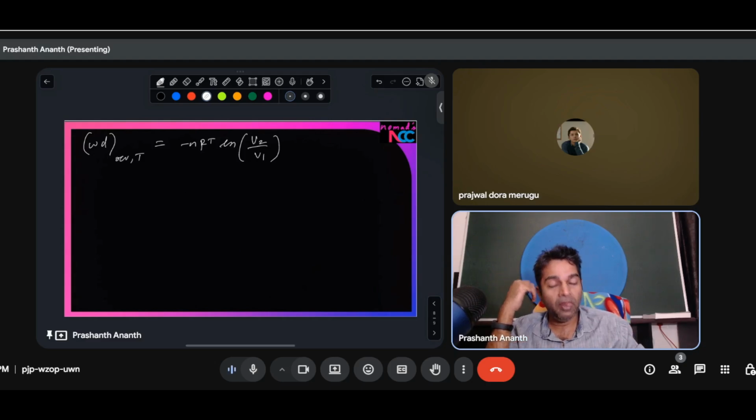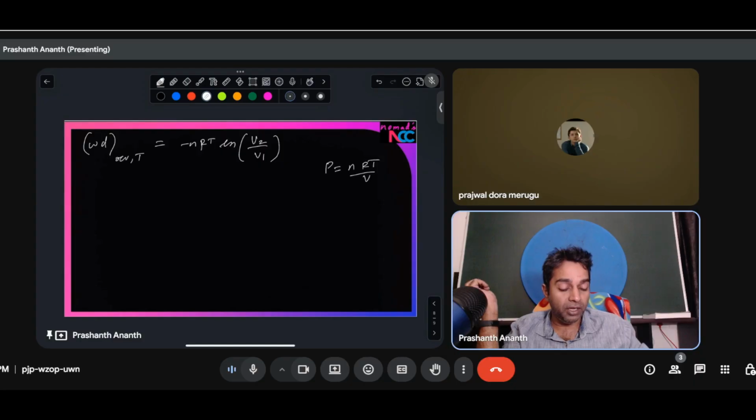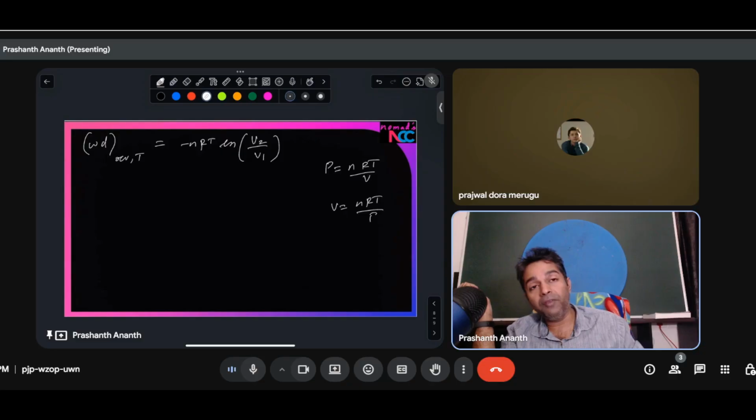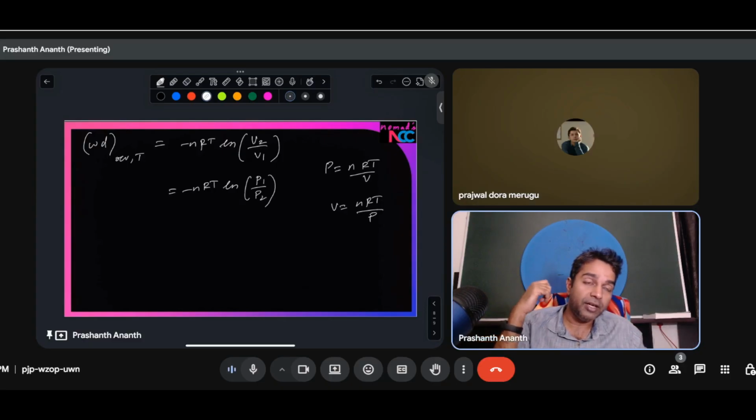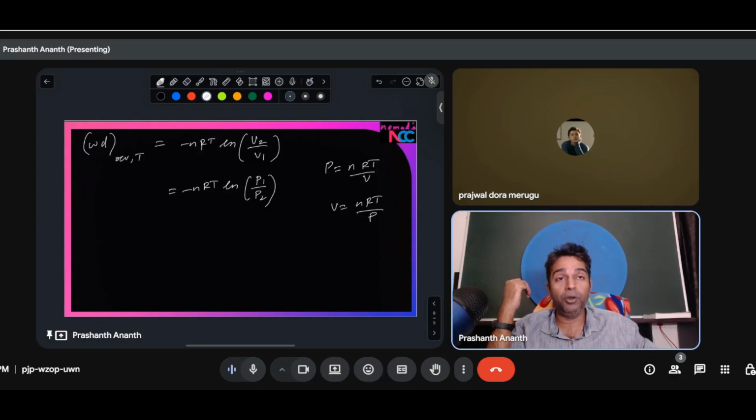Pressure is equal to nRT by V, meaning V is the same as nRT by P, meaning V2 by V1 can effectively be written as P1 by P2. So it works out as minus nRT ln of P1 by P2. So this is another way of putting the same thing.